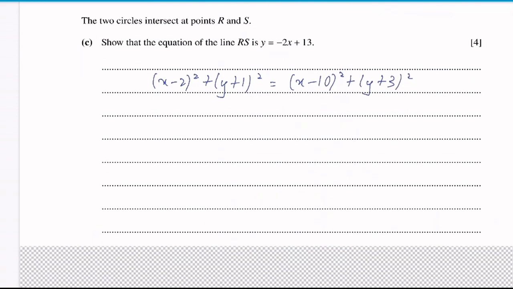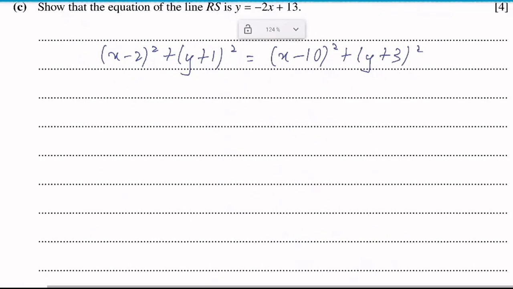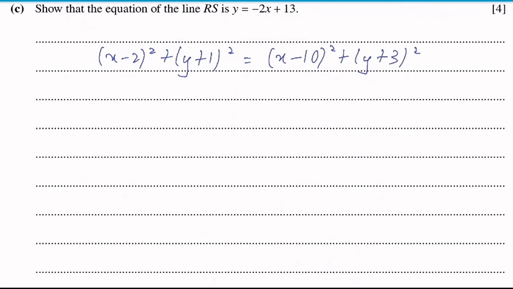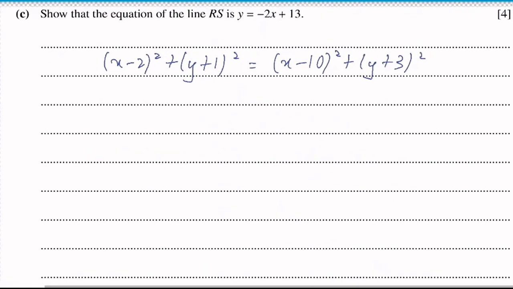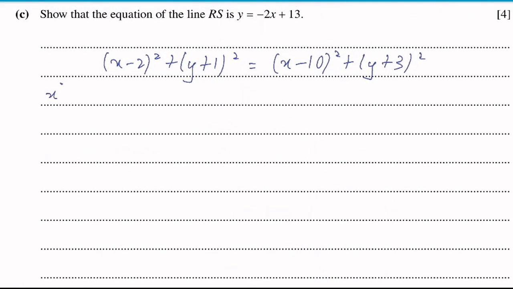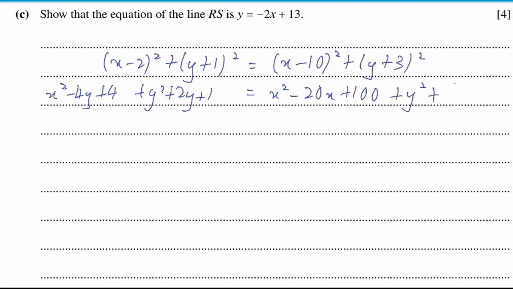Of course, you can expand everything very easily from here. Not really an issue for us to try to do that. Shall we just expand? I think it's easy if you just expand. The good thing about expanding is that the x squared and y squared terms will definitely be cancelled off.